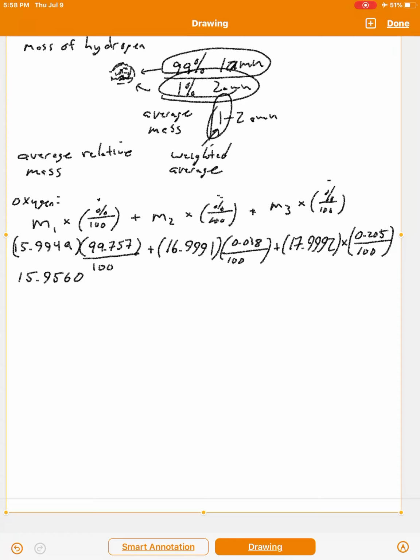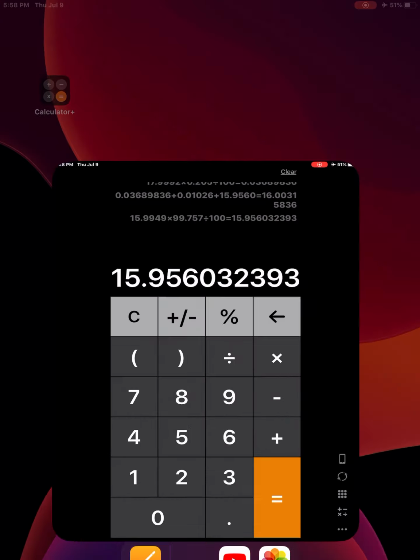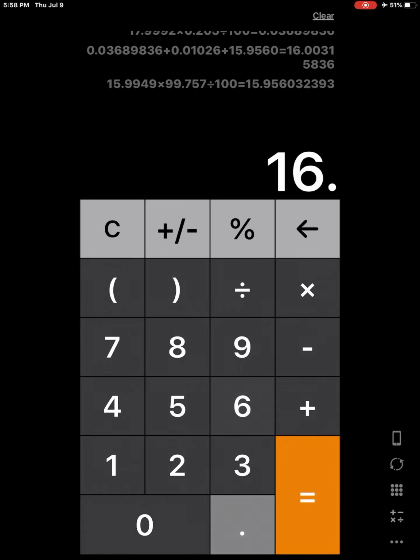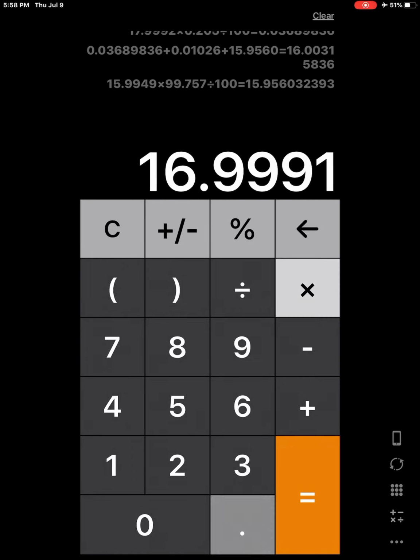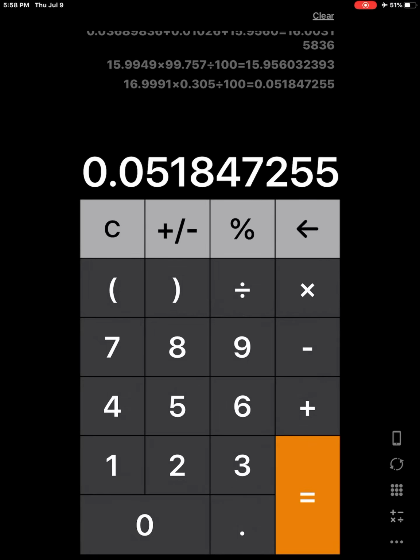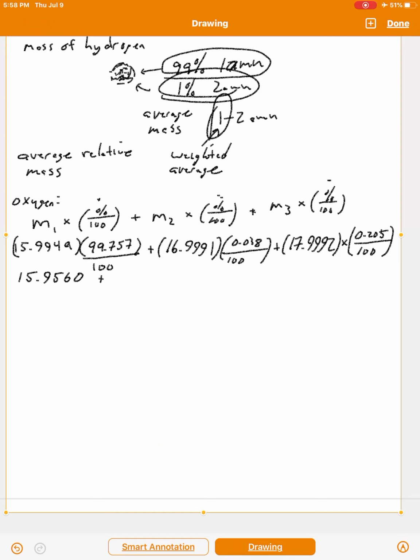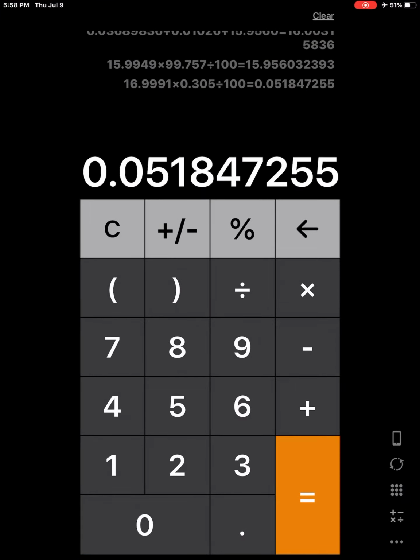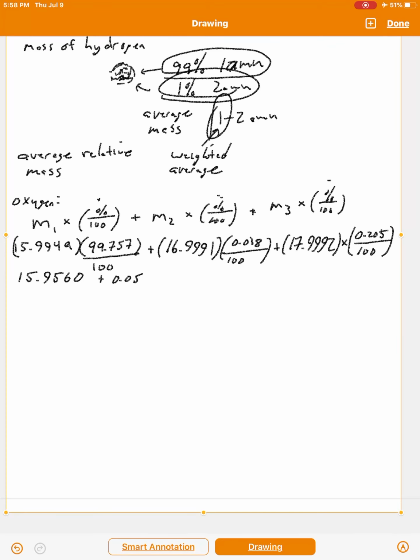Okay, now let's add to that the second term. 16.9991 times 0.038 over 100. .051847.